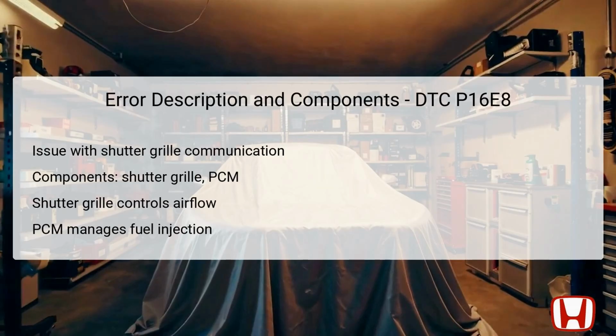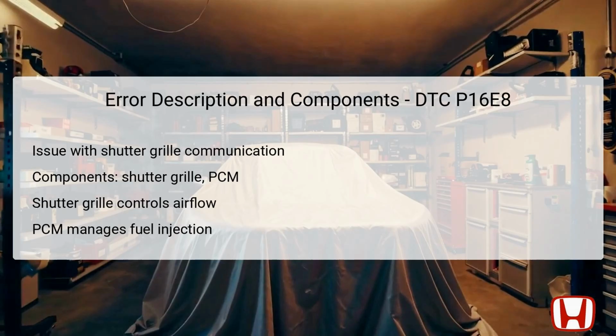The P16E8 DTC indicates a malfunction in the LIN communication network, primarily affecting the shutter grille's operation. The shutter grille is an integral component that regulates airflow, contributing to vehicle efficiency and engine cooling. Located at the front of the vehicle, it consists of upper and lower sections that open or close based on engine temperature requirements.